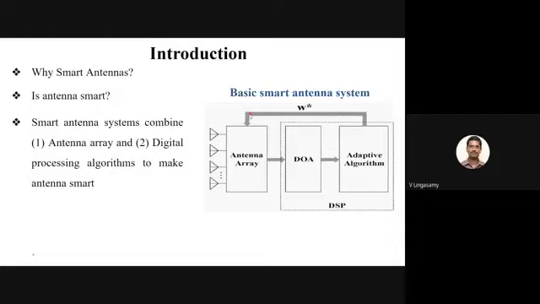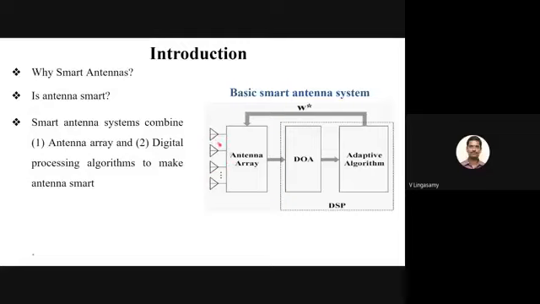Day before yesterday, in the last session itself, we mentioned that in order to steer the beam, we have to apply the appropriate weight. Weight is nothing but the phase and amplitude applied to each individual antenna element. By applying the appropriate amplitude and phase to each individual element of the antenna array, we can steer the beam to the direction wherever we want within constraints.